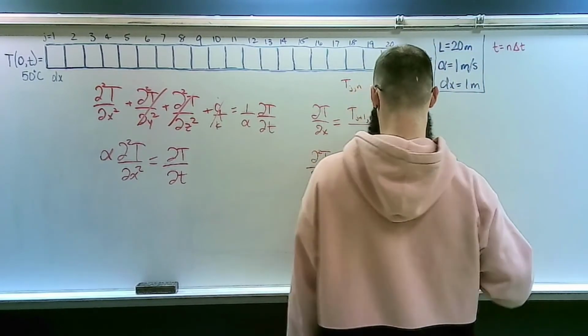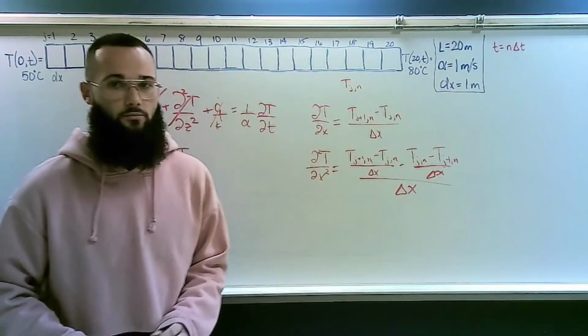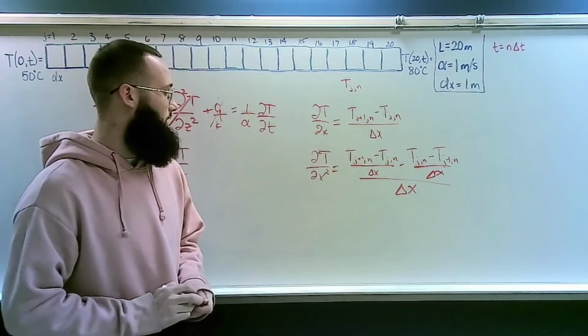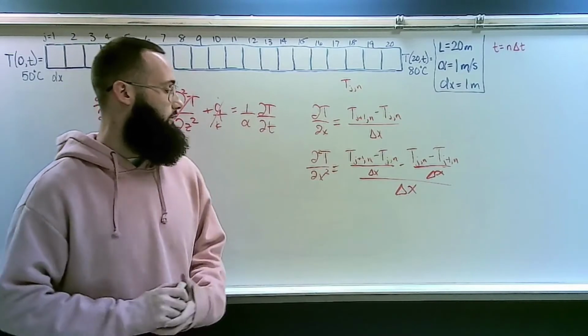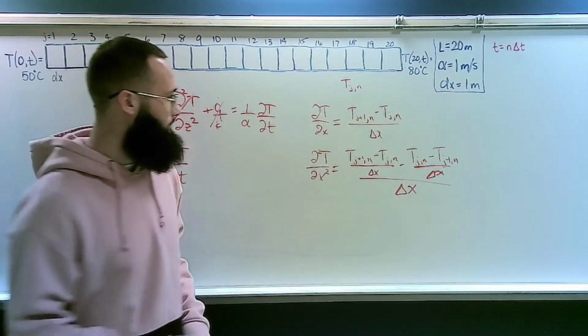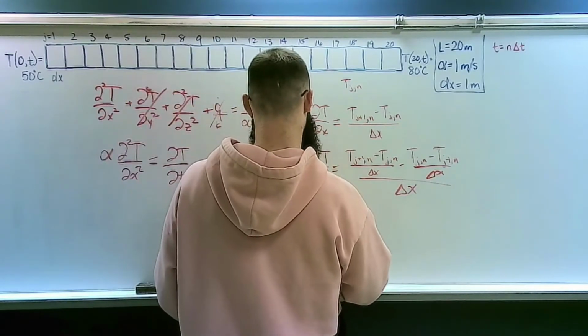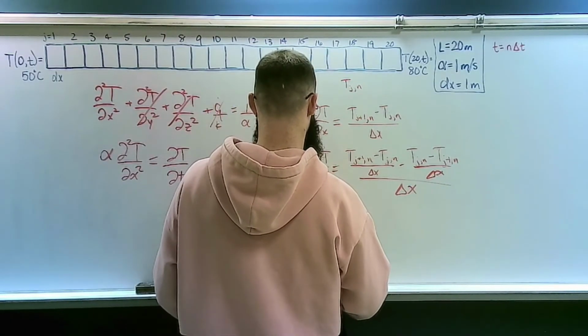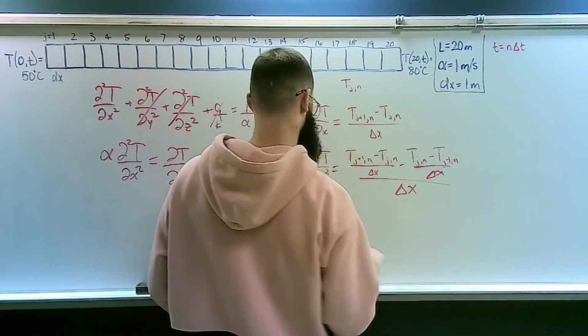And that whole thing is going to be over delta x. So now we have an expression that relates the second derivative of temperature to position x, and we can simplify this even further by combining terms on the top.